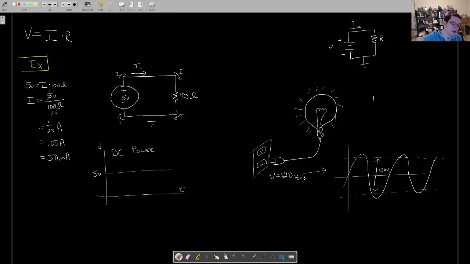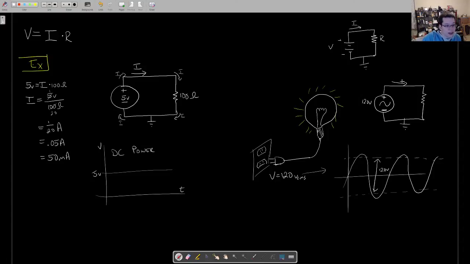In this circuit, we have to be a little bit fancy. So we're going to use the power law, which we haven't talked about yet. So that's 120 volts RMS. We have some load. It's our light bulb. We've got ground.